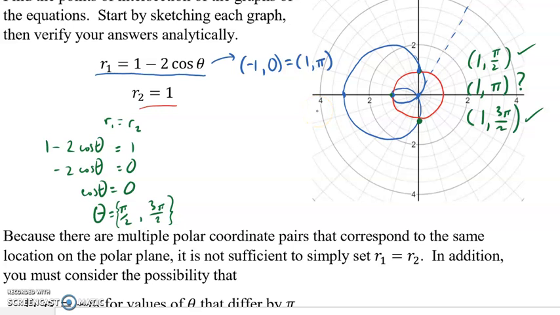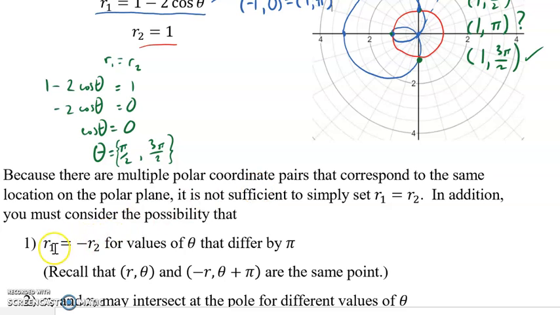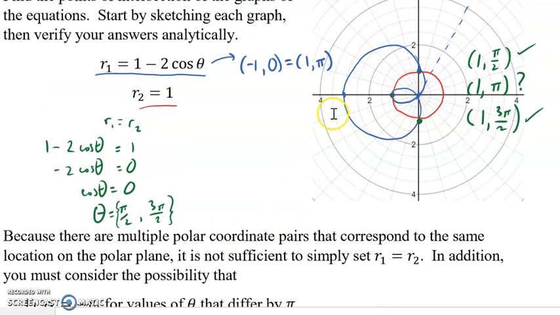So we're seeing that perhaps r1 equals negative r2 for theta values that differ by pi. For example, r equals 1 when theta equals pi for the red circle, but r equals negative 1 for the limacon. Anyway, the idea is that we're hitting the same point, but using different theta values to get there.